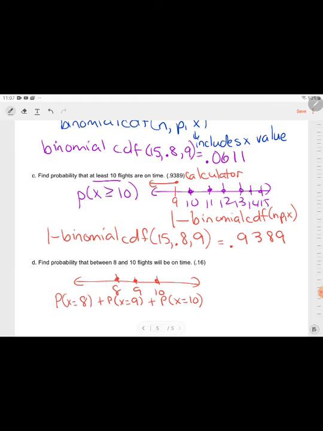Okay, so these are binomial PDFs, because it's equal. And so we're going to do NPX: binomial PDF 15, 0.8, 8 plus binomial PDF 15, 0.8, 9 plus binomial PDF 15, 0.8, 10.